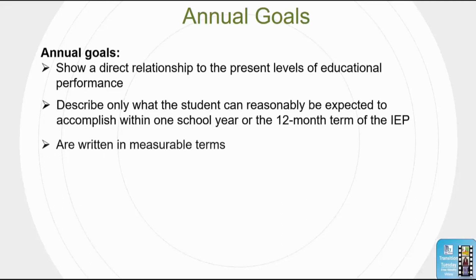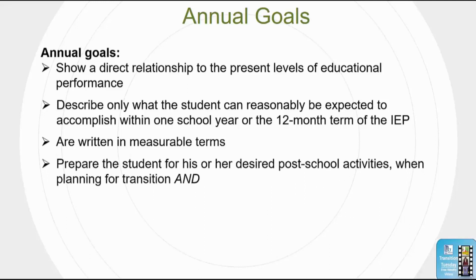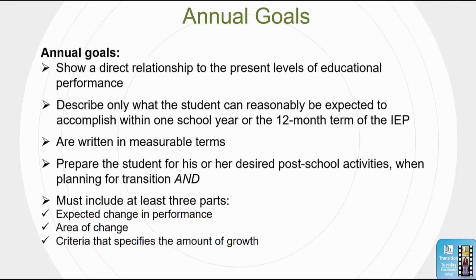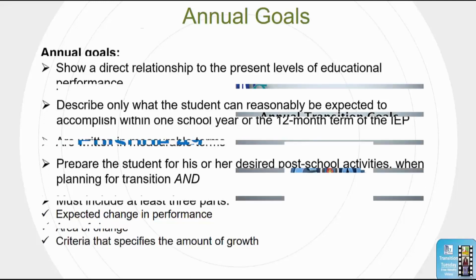Annual goals need to be written in measurable terms and prepare the student for his or her desired post-school activities when planning for transition. And they must include at least three parts: the expected change in performance, the area of change, and the criteria that specifies the amount of growth.